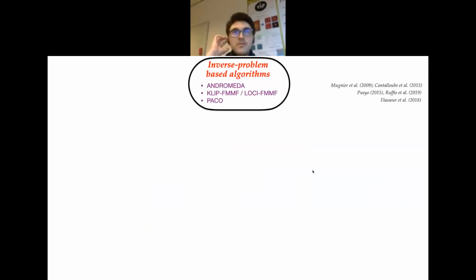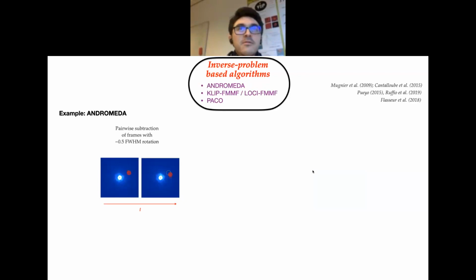A recent module we've added is the one with inverse problem-based algorithms. Again, I won't have the time to go through all of them, so I'll just take the example of Andromeda. In Andromeda, we have first a pairwise subtraction of frames taken close in time, with the angular differential imaging strategy.